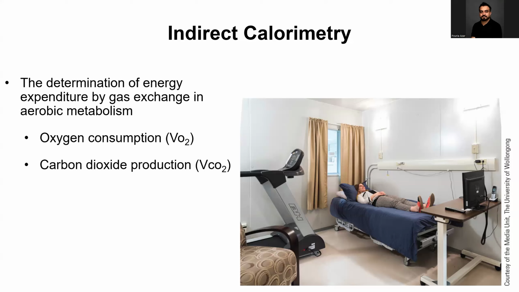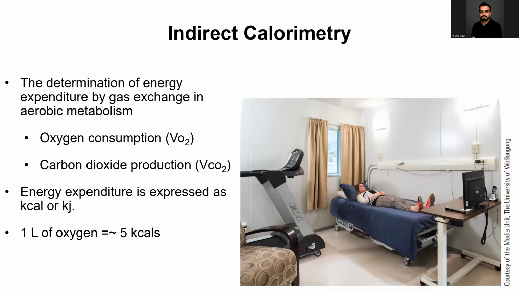This is called indirect calorimetry. Energy expenditure is expressed as kilocalories or kilojoules, and when we say this person consumes 1 liter of oxygen, it's approximately equal to 5 kilocalories.